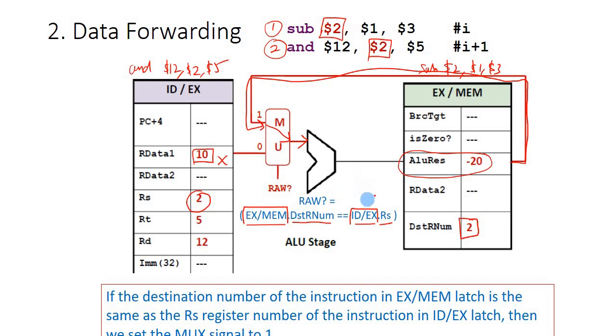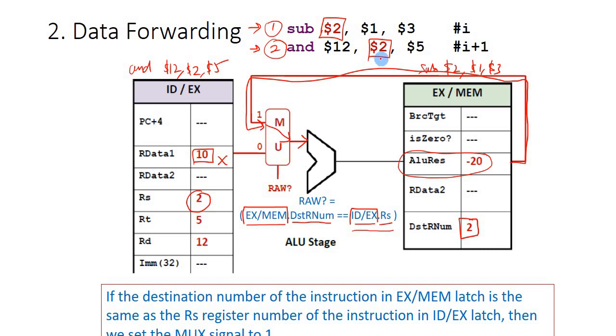What we are trying to do here is check for a match between the destination register of the instruction in the EX mem stage, which is the first instruction, and the source register of the instruction in the IDEX stage, which means the second instruction. Both of them are one instruction apart, and we are checking if the destination register from the first instruction matches the source register of the second instruction.